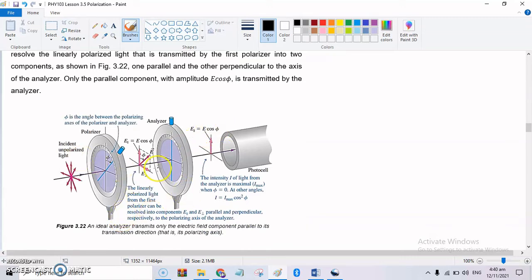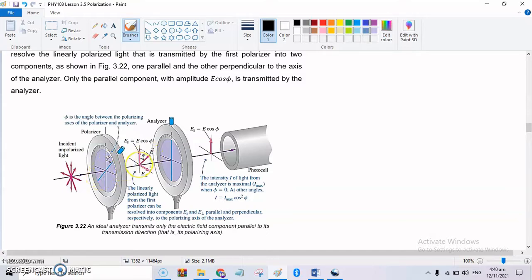So, in this case, an ideal analyzer transmits only the electric field component parallel to its transmission direction. So from this polarizer, there's an incident light, and it only absorbs the light that is parallel to this blue line.